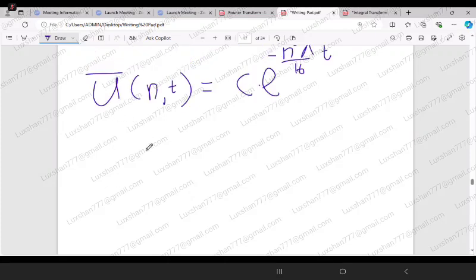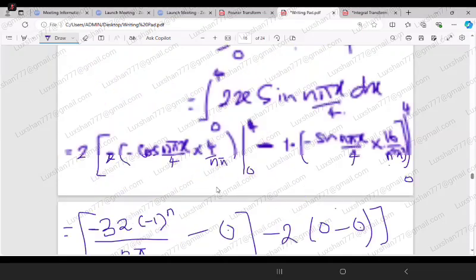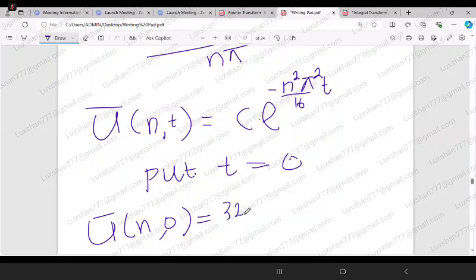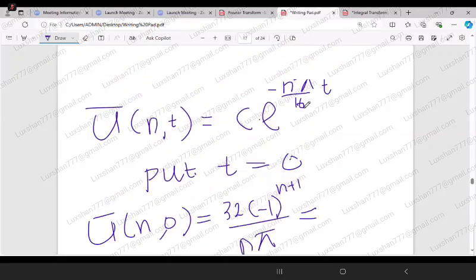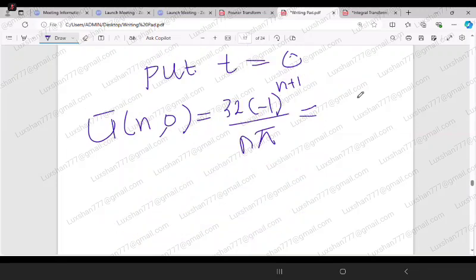So if I put t equals 0, I will get u bar n comma 0, which I got 32 minus 1 to the power n plus 1 over n pi. Right hand side, if I put 0, then e to the power 0 is 1, therefore c equal to 32 minus 1 to the power n plus 1 over n pi.